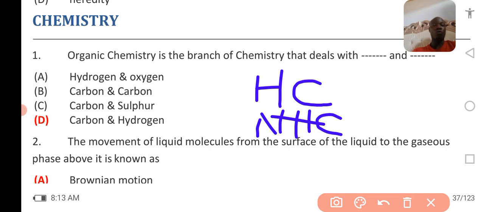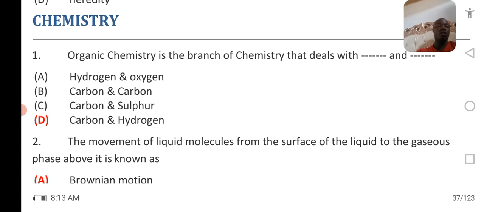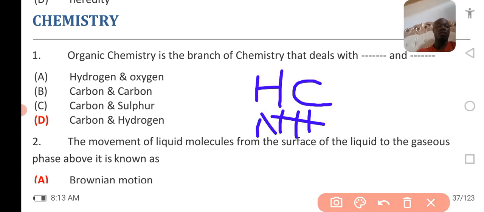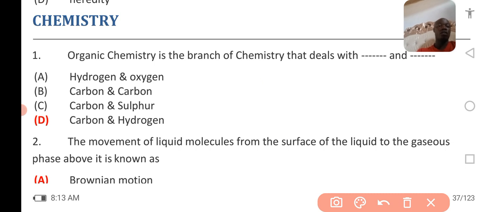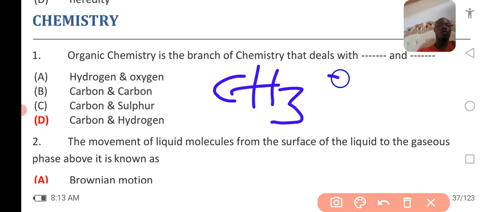Like for example, remember the compound I gave initially, which is methanol. Methanol is CH3OH. This is a typical example of a non-hydrocarbon.